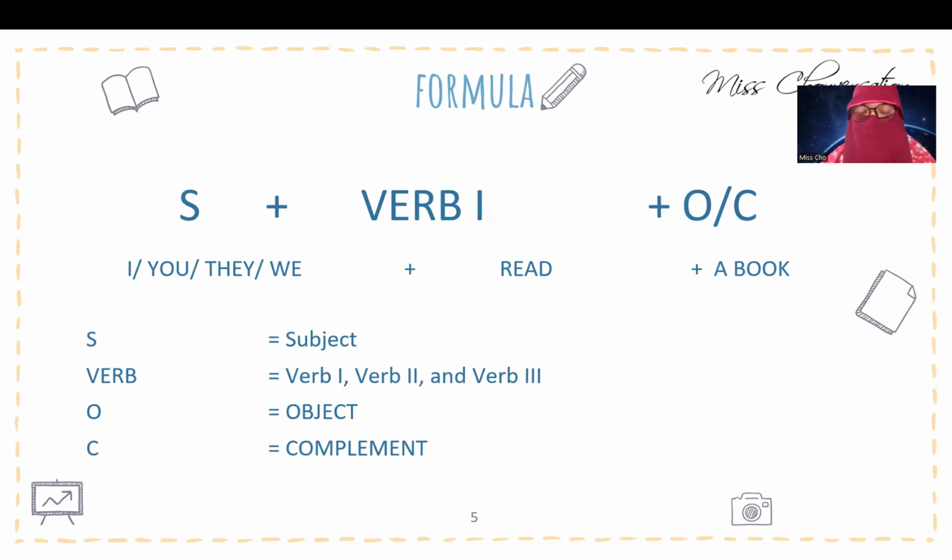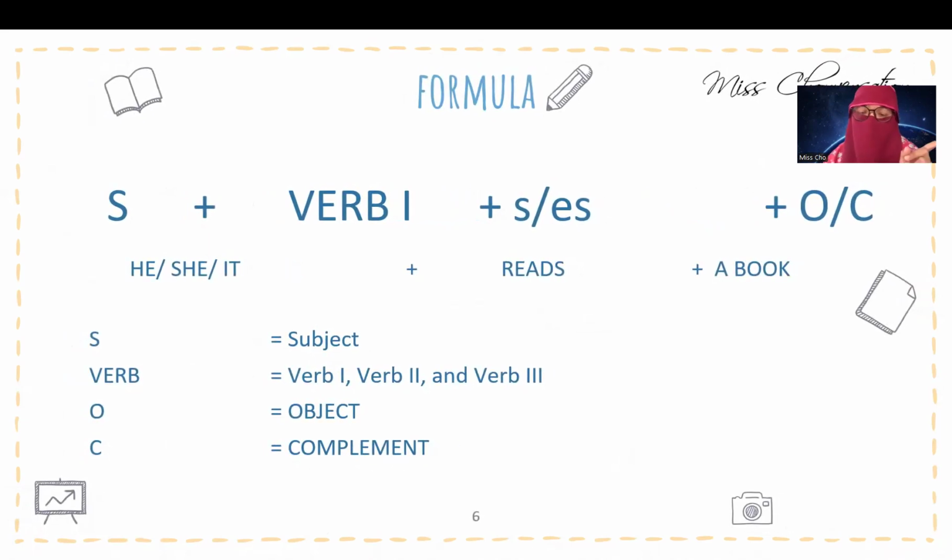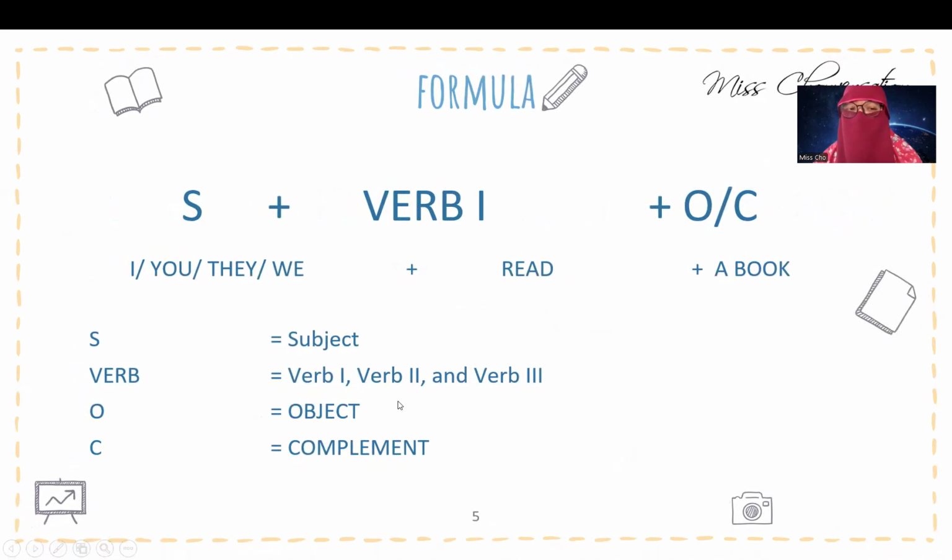This is for the subjects I, you, they, and we. So: I read a book, you read a book, they read a book, we read a book.